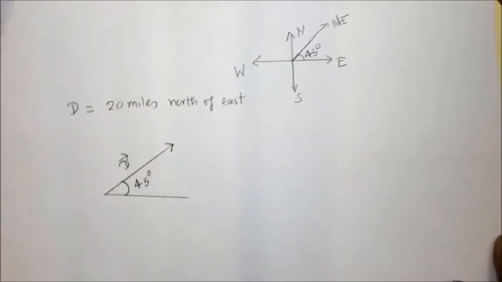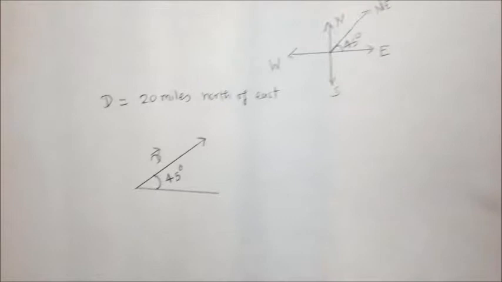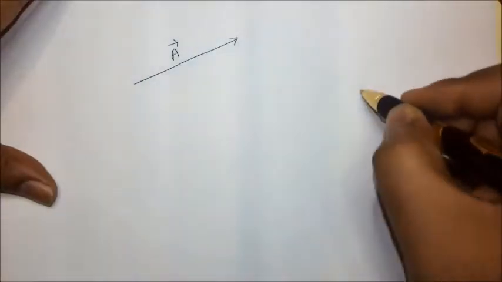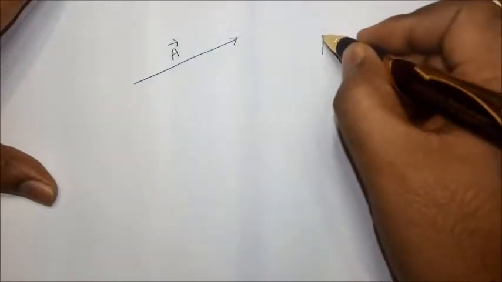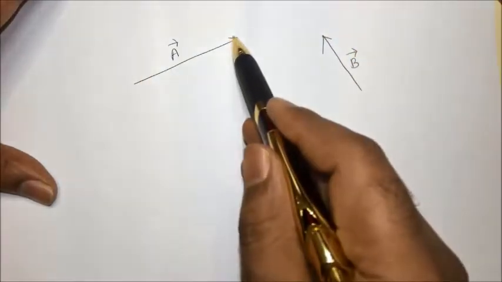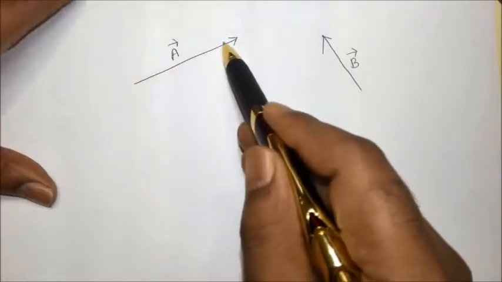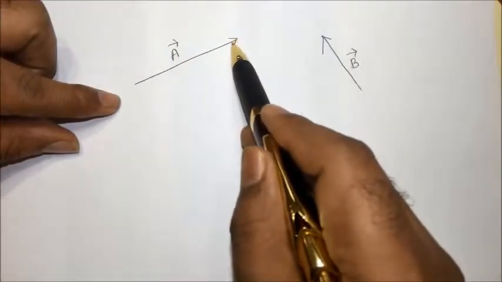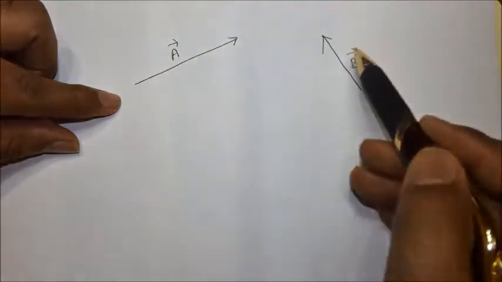So vectors are represented by arrows. Okay, there could be several vectors. The length of the arrow is proportional to the magnitude of the vector, and this arrow points towards the direction of the vector itself.